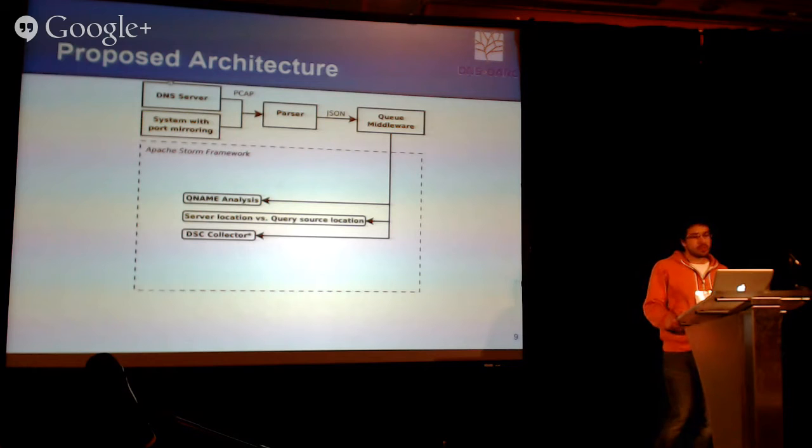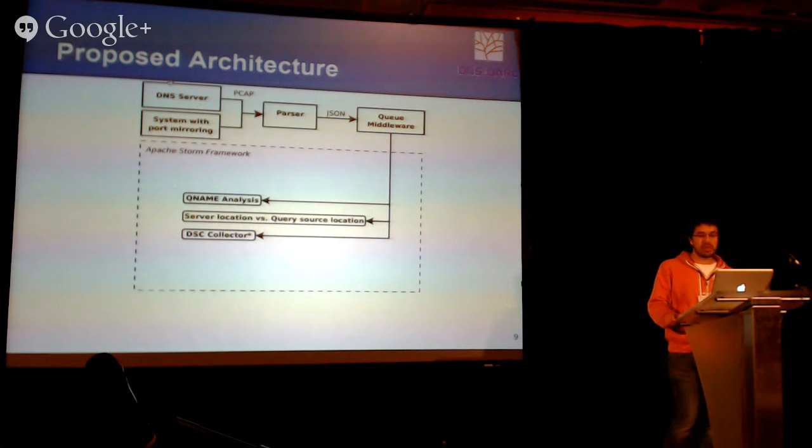Then the Apache Storm framework starts distributing the job and takes every message and does some analysis on it. Here we have some of the analyses that we propose. The first is doing QName analysis. We want to do some kind of static and dynamic query name analysis, and this can be useful to resolvers to deploy a cache with the first names of this ranking.